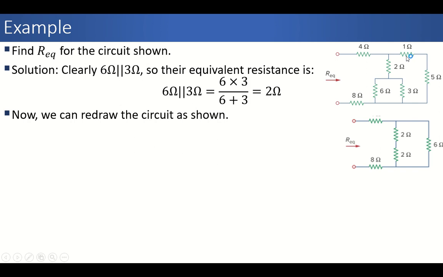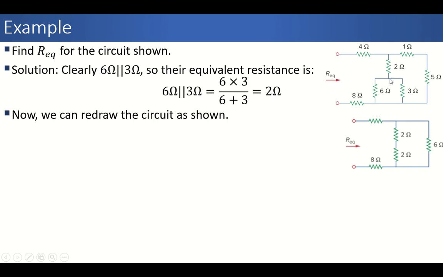Similarly, we can combine the 1 and 5 ohm resistances, since these two are in series. Their equivalent will be 1 plus 5, that is 6 ohm. This 6 ohm is the equivalent of 1 and 5 in series, and this 2 ohm is the same. Now we have combined 6 and 3 and constructed a simple equivalent resistance, and their equivalent is 2.